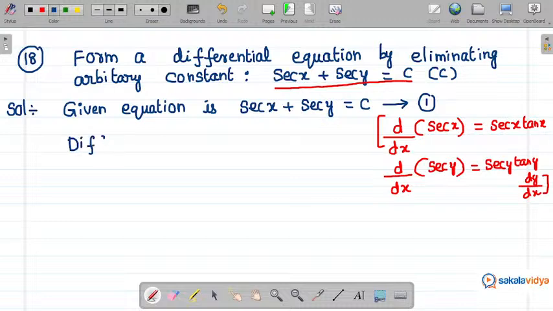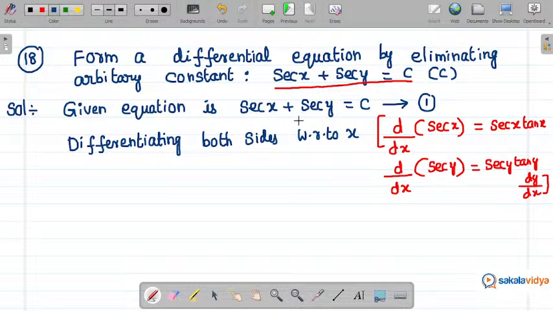Differentiating both sides with respect to x. The derivative of the left hand side is by the u plus v rule, du by dx plus dv by dx.